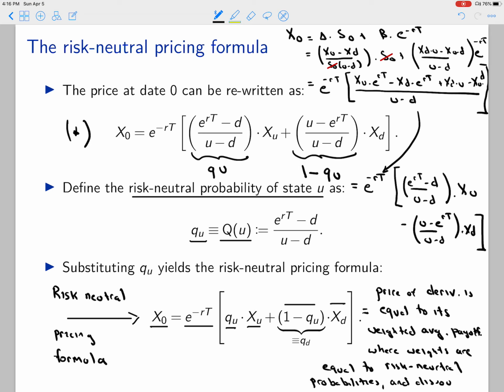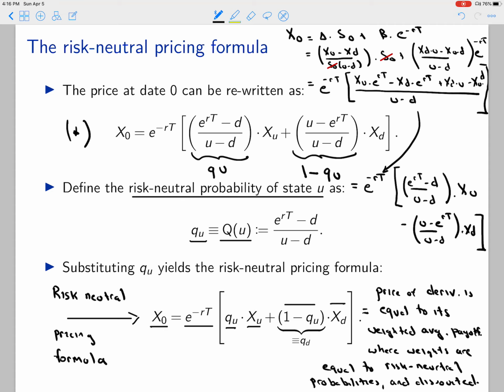This formula, X0 equals e to the negative rt times Q sub U dot XU plus 1 minus Q sub U dot XD, just says that the derivative price, X sub 0, is equal to its discounted weighted average payoff, where the weights are risk-neutral probabilities.